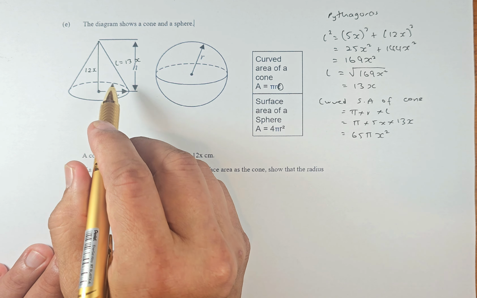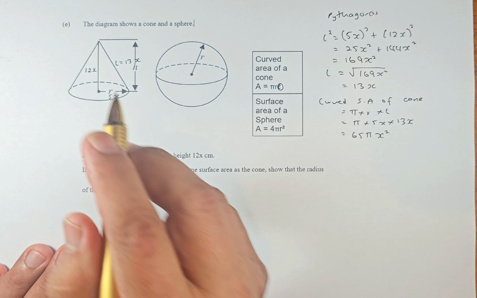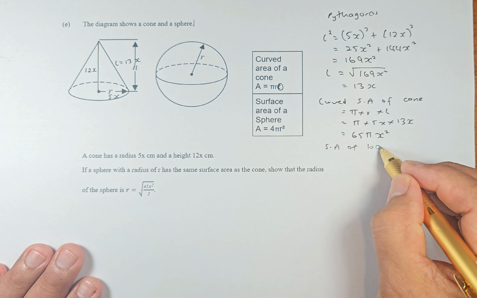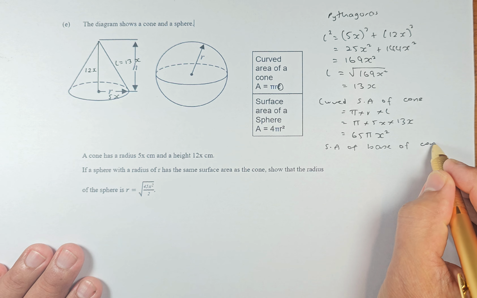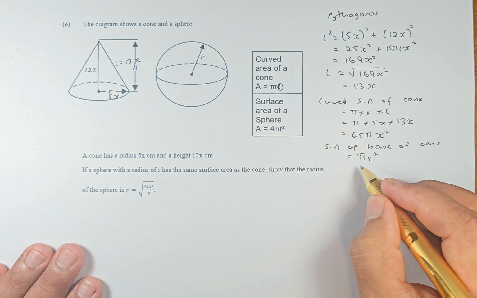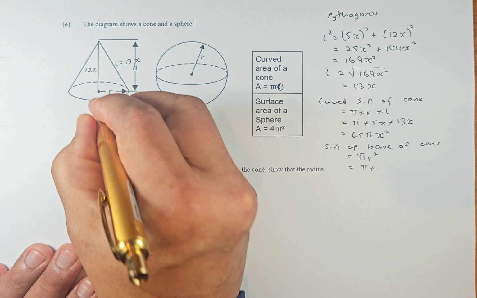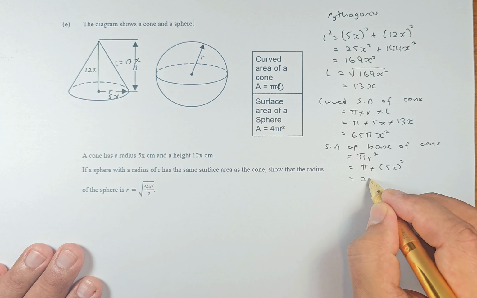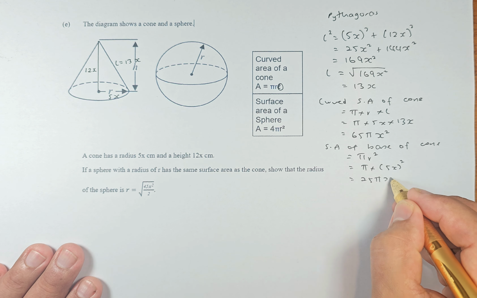And don't forget, you need to calculate the surface area of the base. The surface area of the base of the cone is just pi r squared, because it's a circle. So it's pi times 5x squared, which is 25 pi x squared.